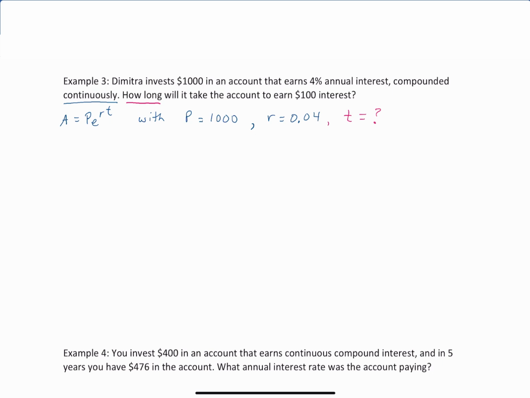What's a little bit odd about this problem, though, is this interest amount. The problem with that is the A equals P e to the RT formula has no interest amount.